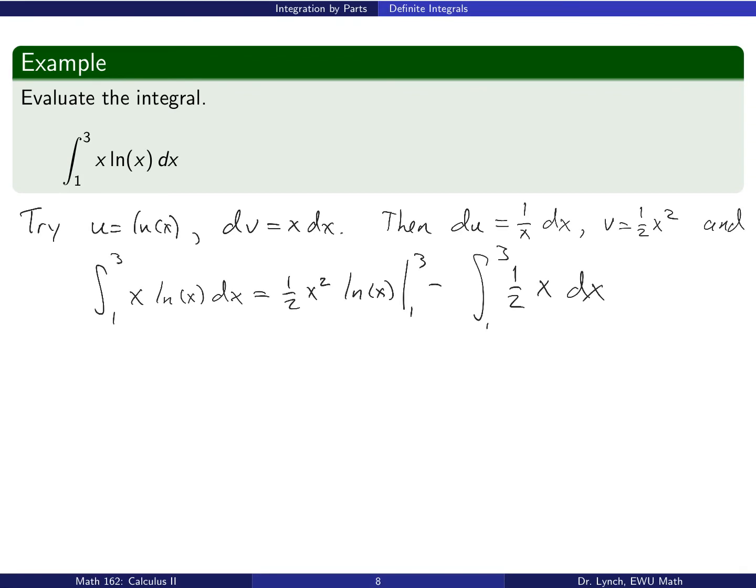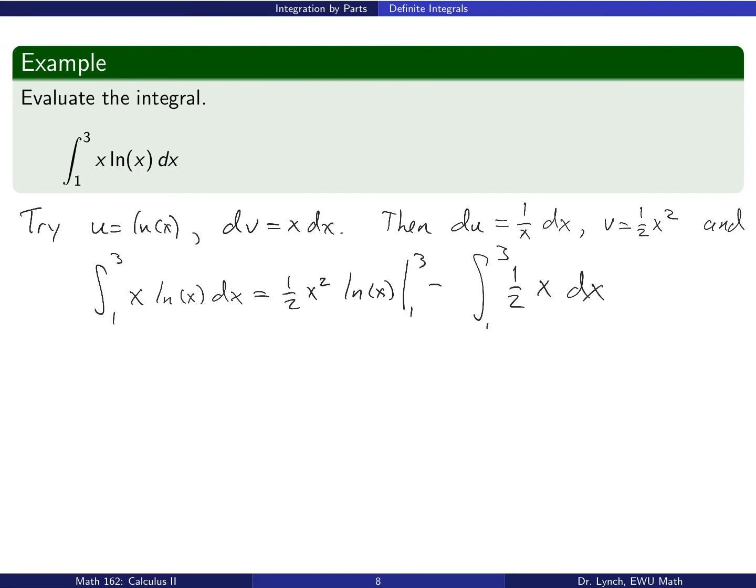So here's our integration by parts formula applied to the integral from 1 to 3 of x ln x dx. We find that it's 1/2 x squared times the natural log of x evaluated from 1 to 3 minus a new integral from 1 to 3 of 1/2 x dx. That's u times v minus the integral of v du.